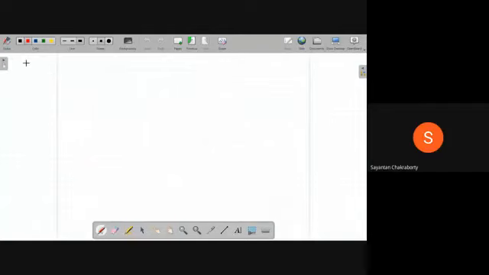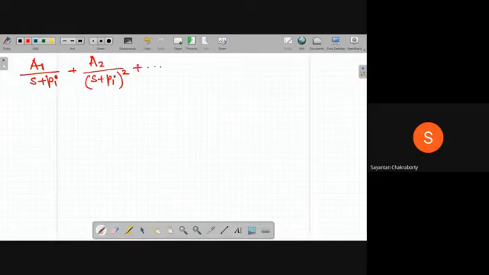So first let us write down the expression: a1 by s plus pi, plus a2 by s plus pi square, up to ar by s plus pi to the power r.